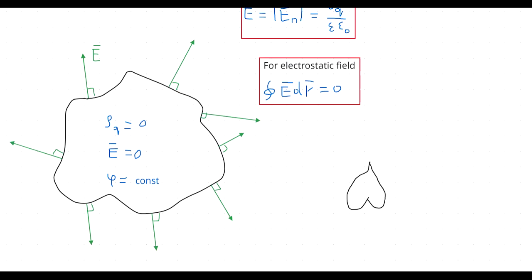For example, here we have something like a keen tip or sharp tip, and here we have a hole or pit on the surface of this conductor. But maybe I will make this picture bigger.